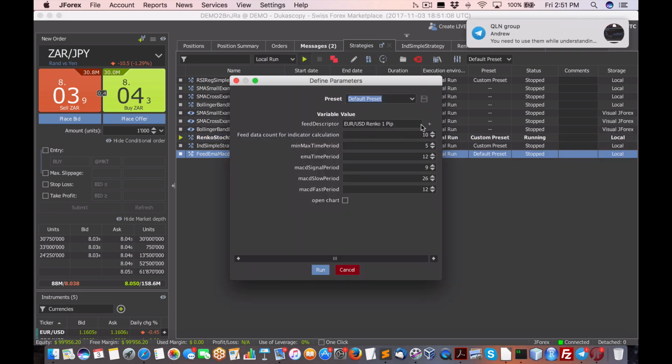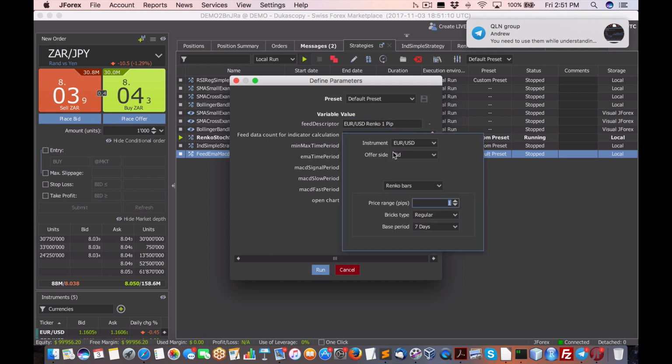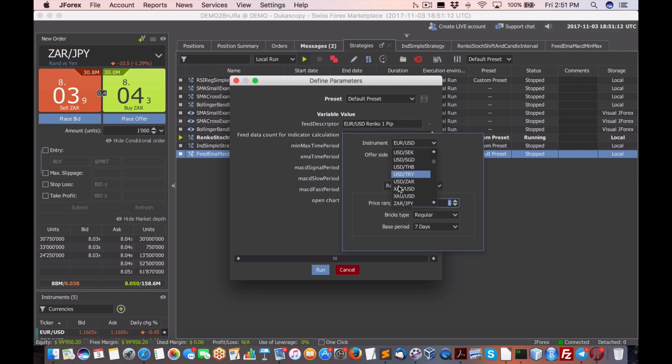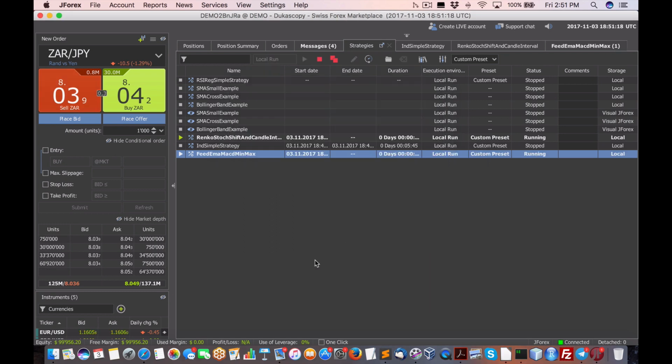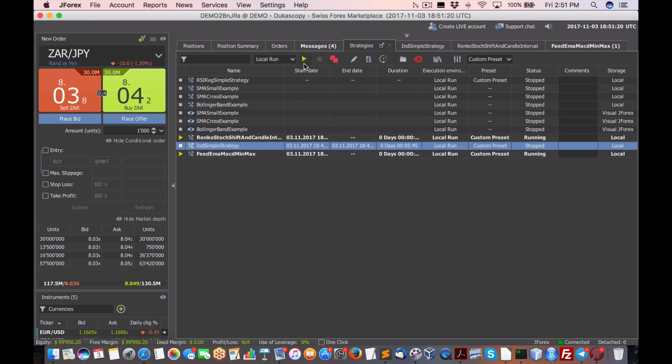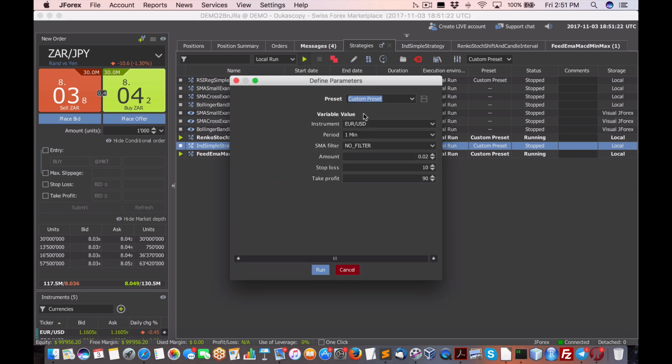All right, and then we shall do the same thing for the US dollar, Japanese yen. Run. And finally, my big one. Now we got to do 1 minute, but we want US dollar, Japanese yen.